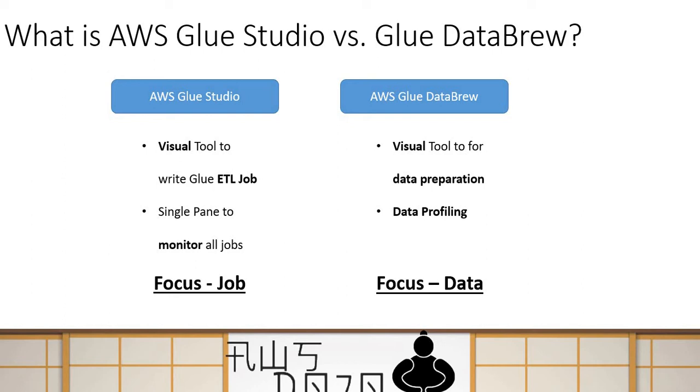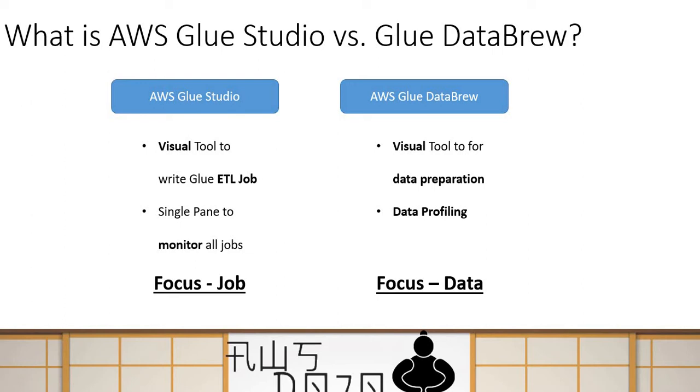But if you want to do data profiling and you want to prepare your data for something like machine learning or analysis purposes, then DataBrew makes more sense. So Glue Studio is focused more around the jobs, and DataBrew is focused more around data.